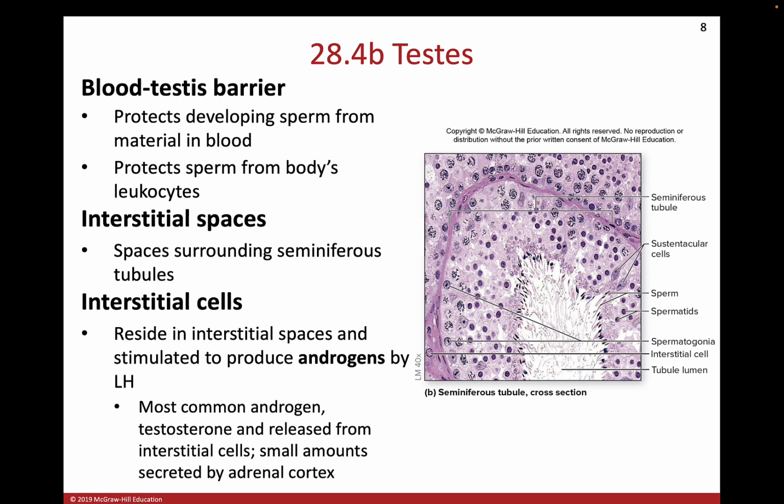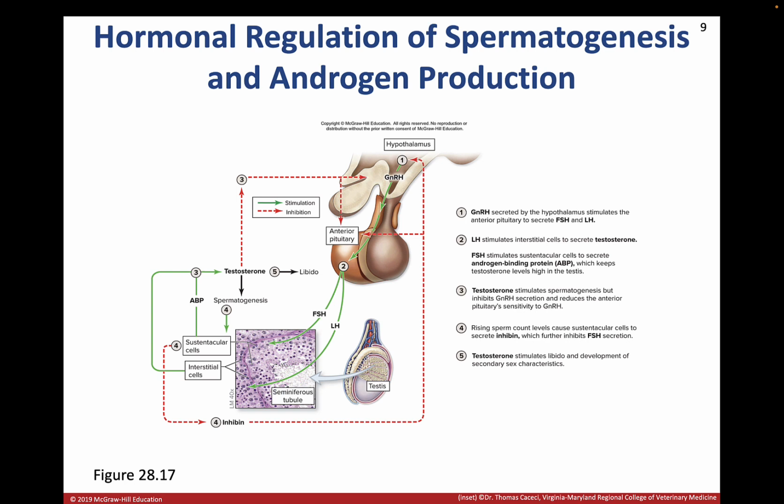That's important because these interstitial cells are stimulated by luteinizing hormone to produce androgens, primarily testosterone. This is released from the interstitial cells, and small amounts are also secreted by the adrenal cortex, but not a lot.